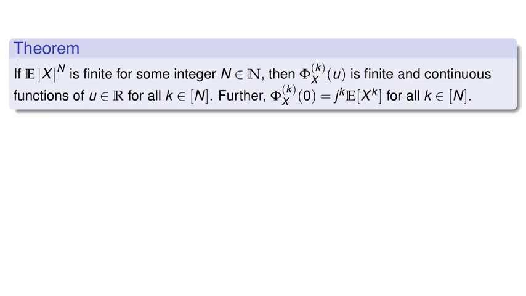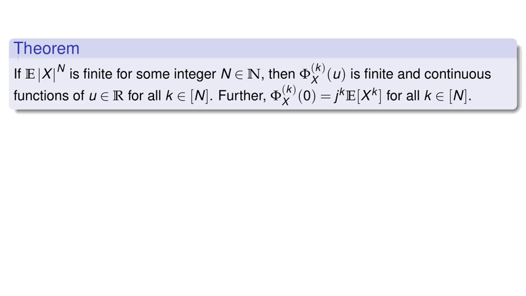Now let's consider the relationship between moments and the characteristic function. A crucial theorem states that if the expectation of the absolute value of x raised to the power n is finite for some positive integer n, then the kth derivative of the characteristic function, let's write it as phi sub x superscript k of u, exists, is finite, and is a continuous function of u for all k up to n.